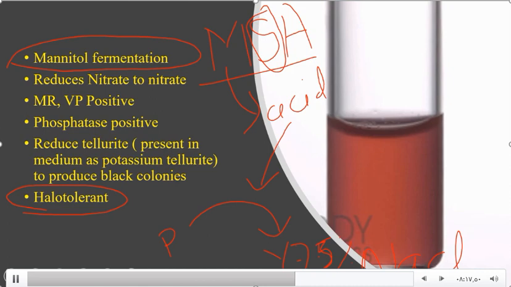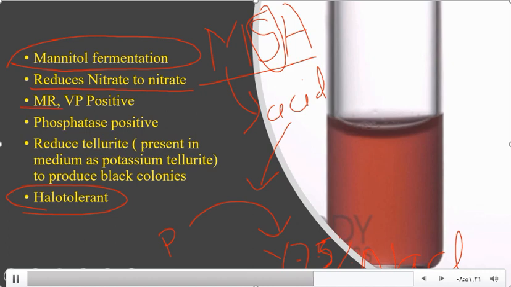The next is the high concentration of salt. Staphylococcus aureus are halotolerant bacteria, so they will tolerate 7.5% NaCl. Some strains of Staphylococcus aureus can tolerate up to 10% NaCl. It can also reduce nitrate into nitrite.